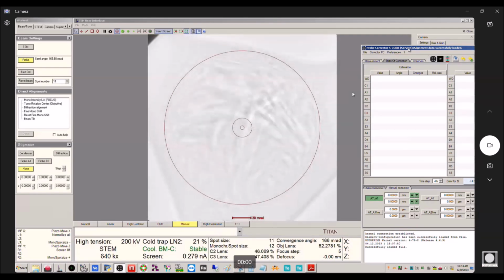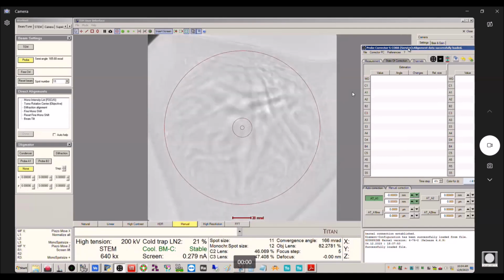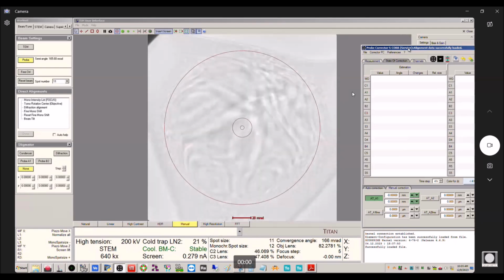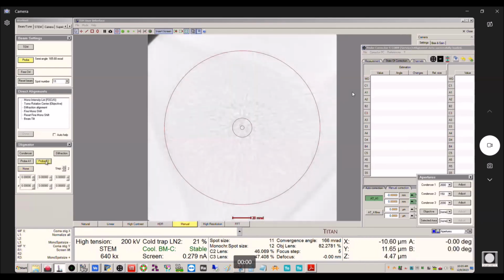So there's A1. Worse. Right about there. Let's do B2 again. Okay, that's not too bad.